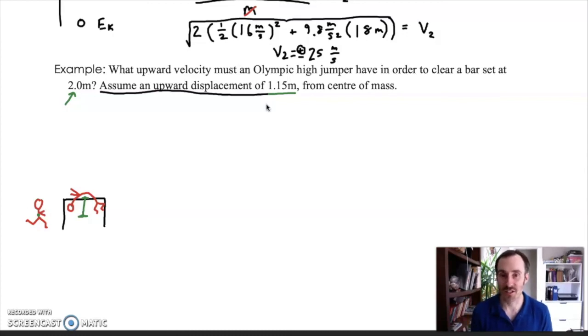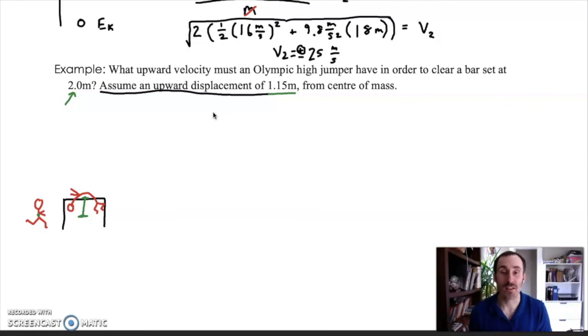Yes, their center of mass is not on the ground. It has a height. We're going to consider it having a potential energy of 0 at that point. Okay, but they do have kinetic energy when they're leaving the ground. So we're at the point where this person has bent their leg and they're about to take off, and so the center of mass now is going to have upward velocity. Okay, so it's going to have kinetic energy.